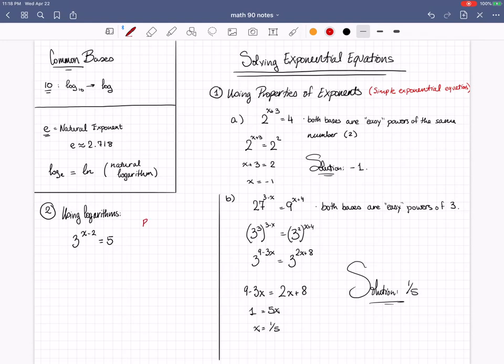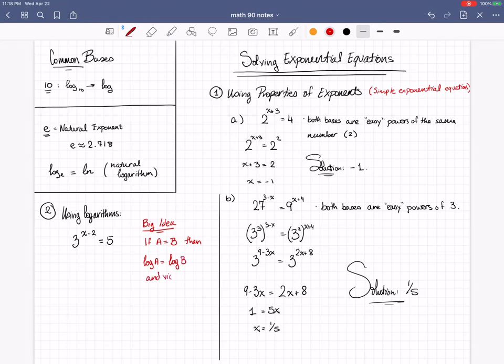The big idea in problems like this is that if two numbers are equal to each other, if two values are the same, then their logs are equal to each other too. And vice versa.